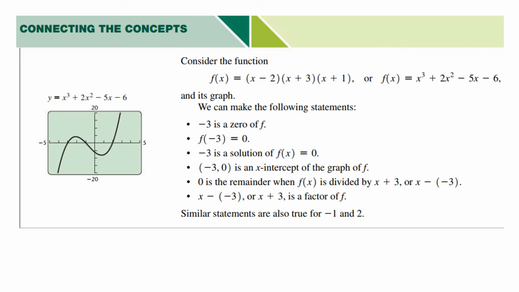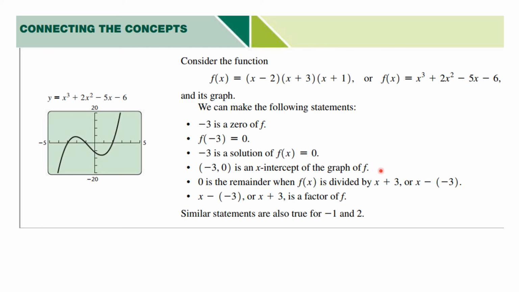Now, there were a number of concepts that got talked about here, and connecting them together does make a lot of sense. And so these statements all really mean the same thing. Minus 3 is a 0 of f of x. f of minus 3 is equal to 0. Minus 3 is a solution of f of x equals 0.